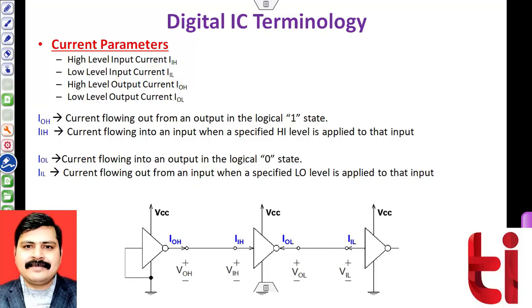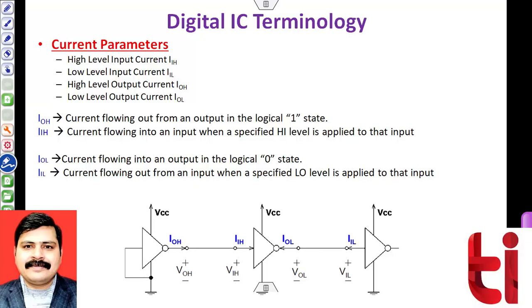When the level is high, the output current moves from the output terminal to the gate. If my level is high, then the current going into a particular gate is my IIH. If the level is 0, then the current coming towards the output terminal is my IOL, and corresponding to the 0 level, the current coming from the input is my IIL.